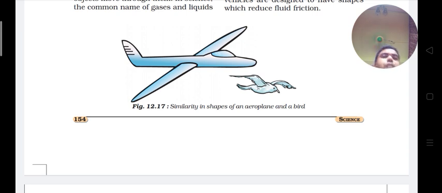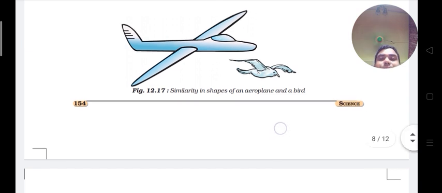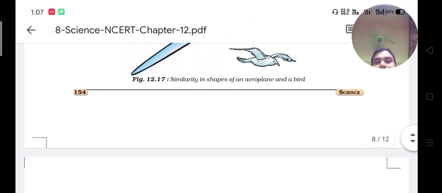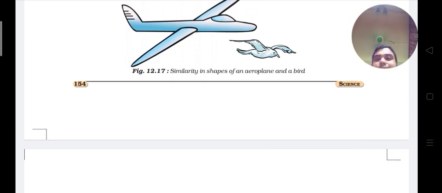Third point, the larger the size of the object moving through a fluid, the greater will be the frictional force or the drag acting on it. Fourth point, the higher the viscosity or the thickness or the density of the fluid, the greater will be the frictional force or the drag acting on an object moving through it.